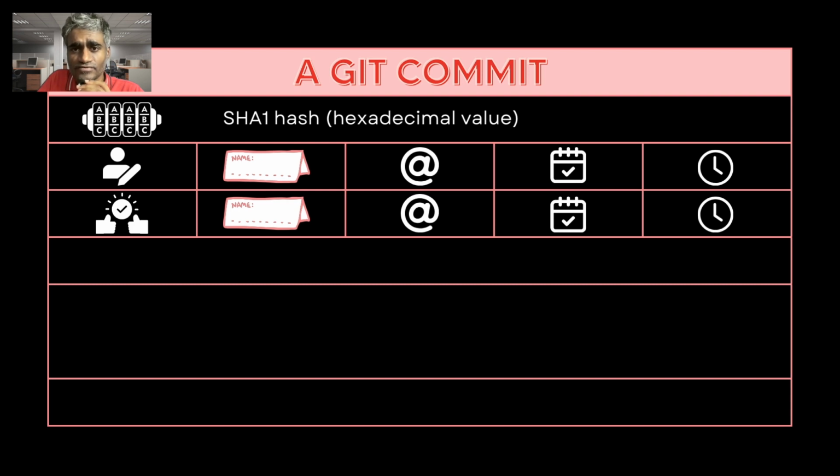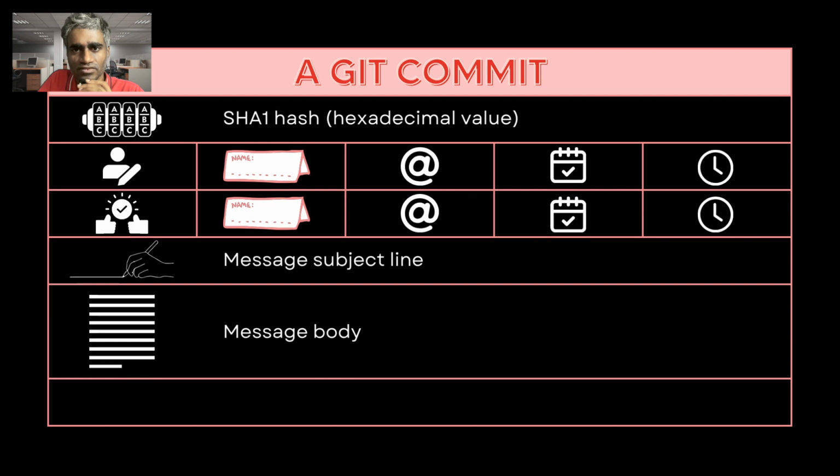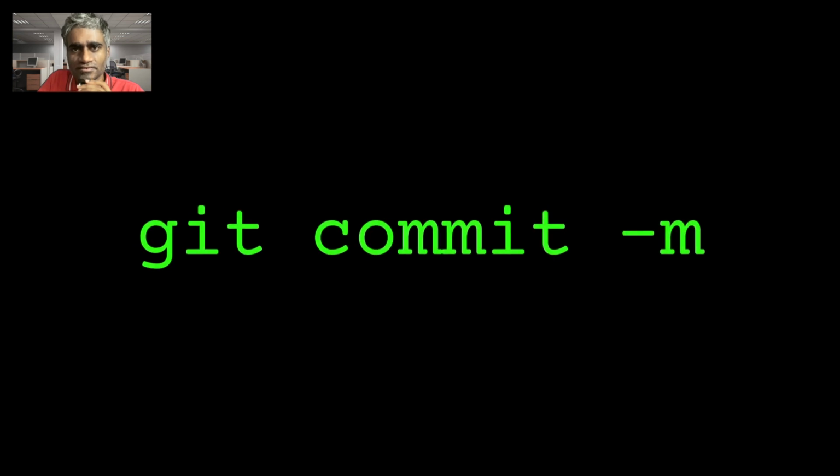This is also often the same as the authoring one, so many Git clients hide it. A commit message subject line. A commit message body, which is technically optional but often good to have. We'll see later why this is wrong.